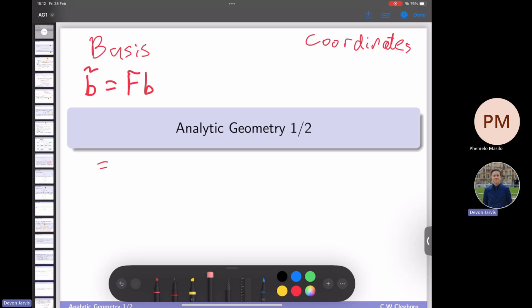Then the flip is true: I can go from my old coordinates with the backwards transform to my new coordinates. That makes sense, right? Yes. By definition, then, they're inverses of each other.